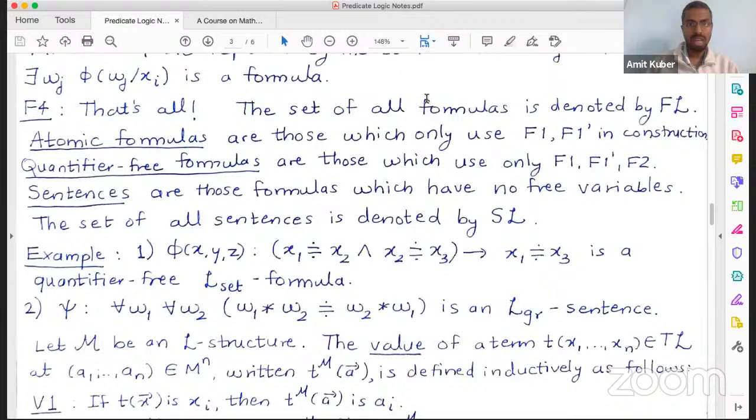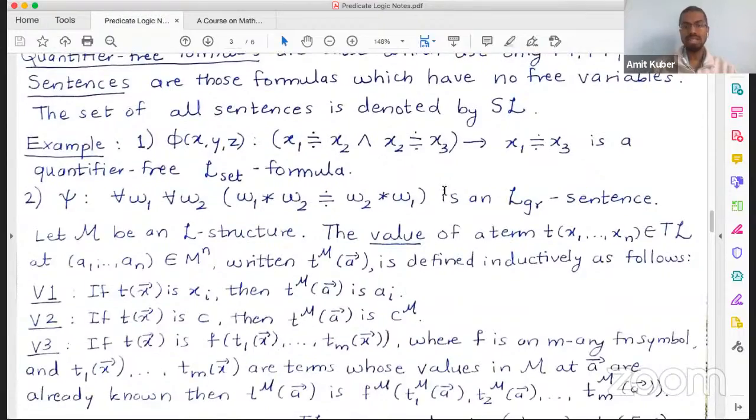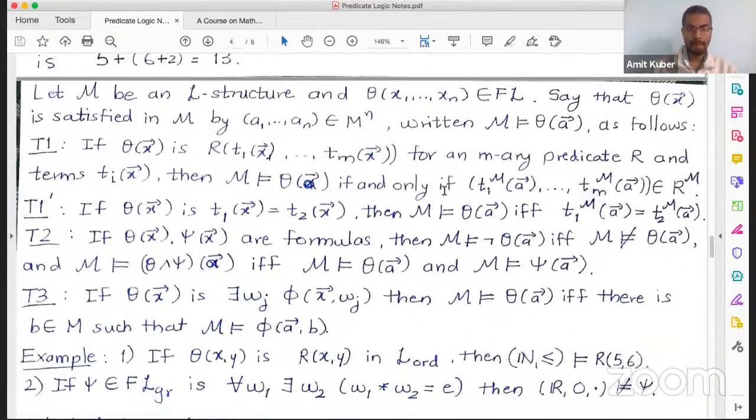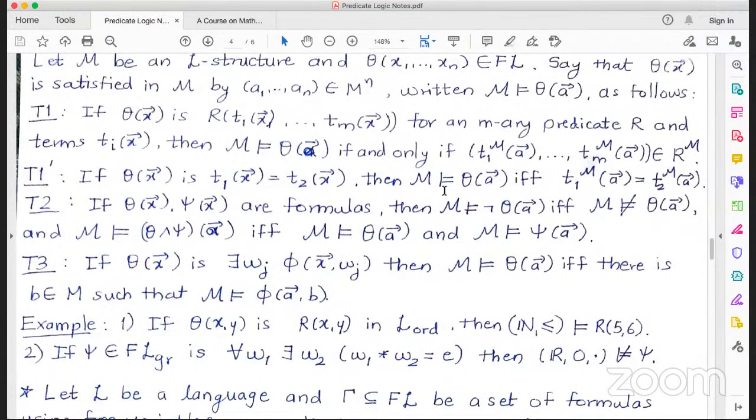The formula which says that there exists a W such that X is equal to W dot W plus Y. You remember this formula? It says X is greater than or equal to Y.